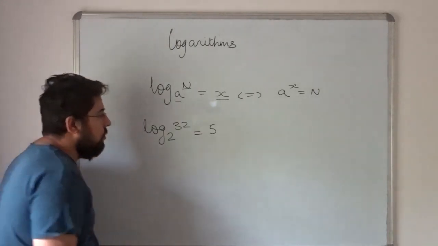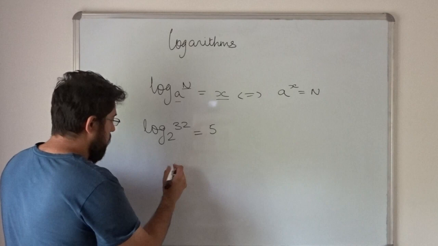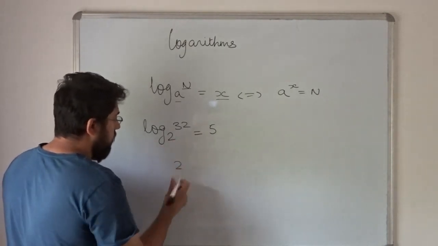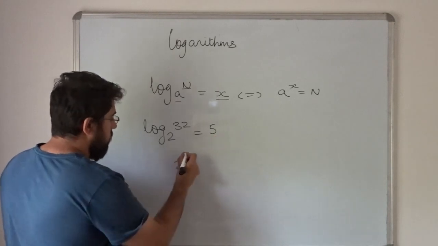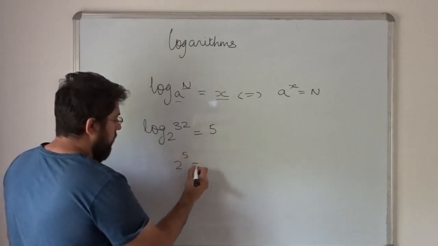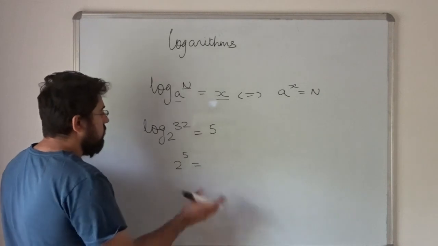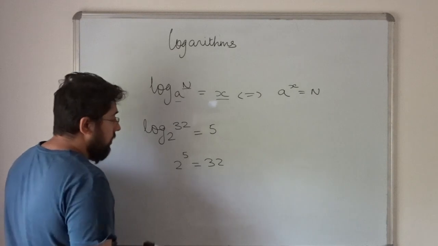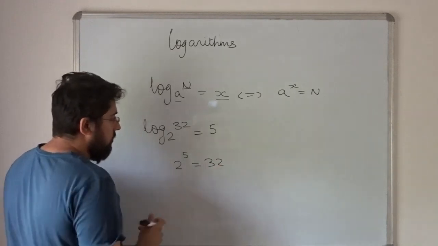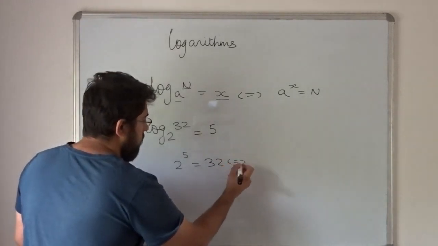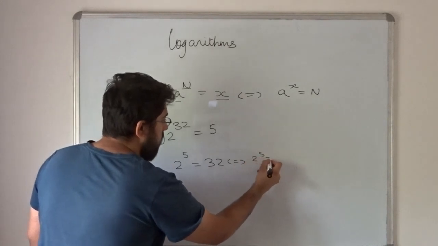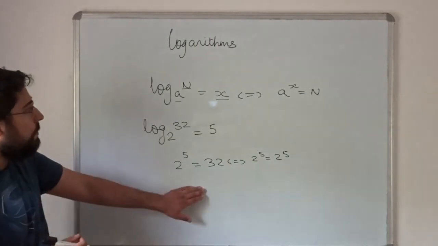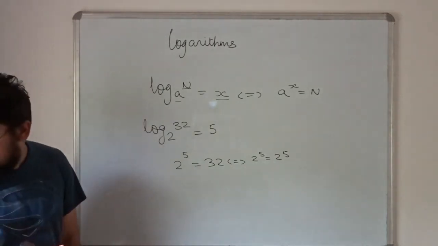As you know, 2 is the base, so this is 2. 5 is the exponent, so this is 5. Then you have an equal sign, and then 32. This can also be simplified, because 32 can become 2 to the power 5.